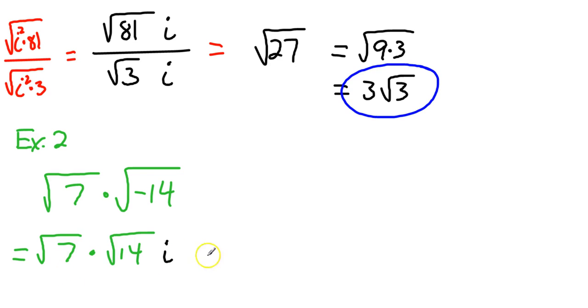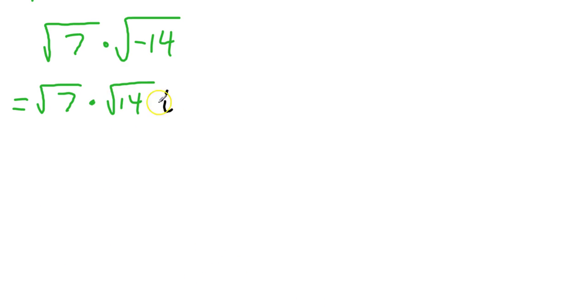Okay, so now you've got 7 times 14, and because the I is outside, it's kind of taking care of itself now. So now you're going to put these two together. I do 7 times 14. And again, you can multiply it together and make it 98, but you're just going to have to break it back down anyway.